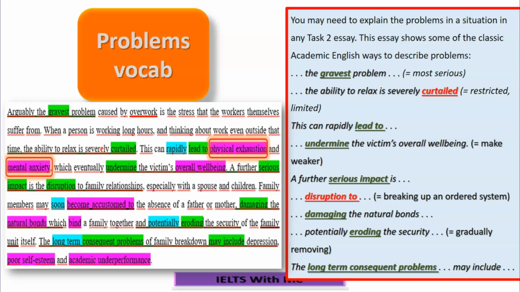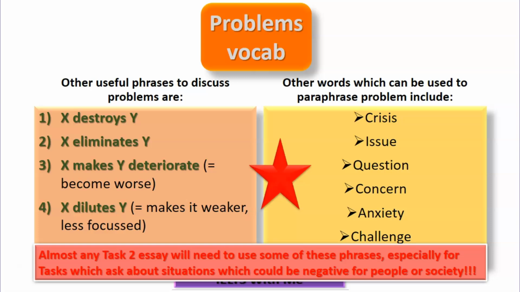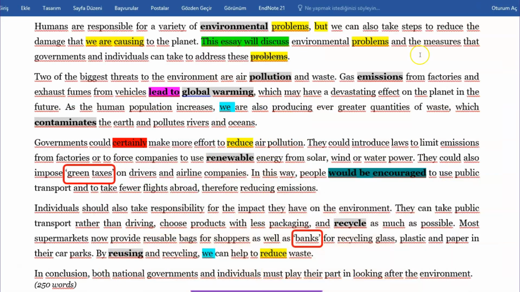You can take a look at them and use vocabulary and phrases instead of problems such as crisis, issue, question, concern, anxiety, and challenge, right? This essay will discuss environmental issues and the measures that governments and individuals can take to address this challenge.